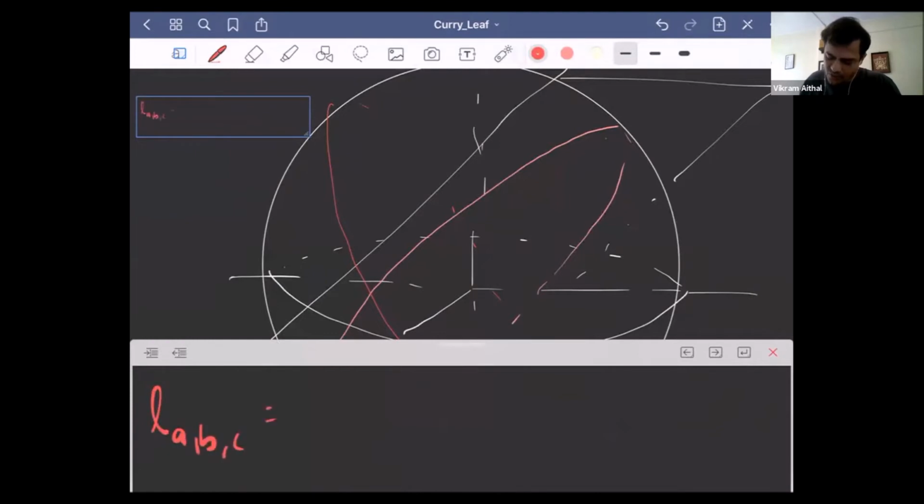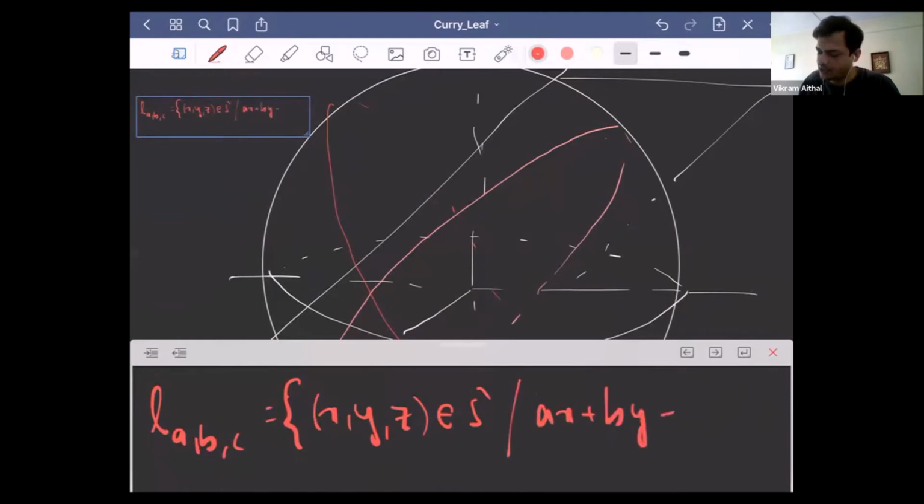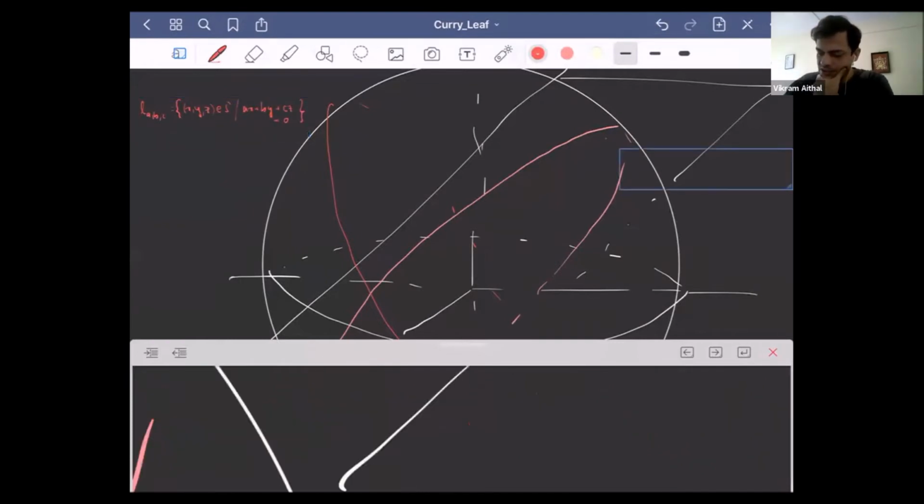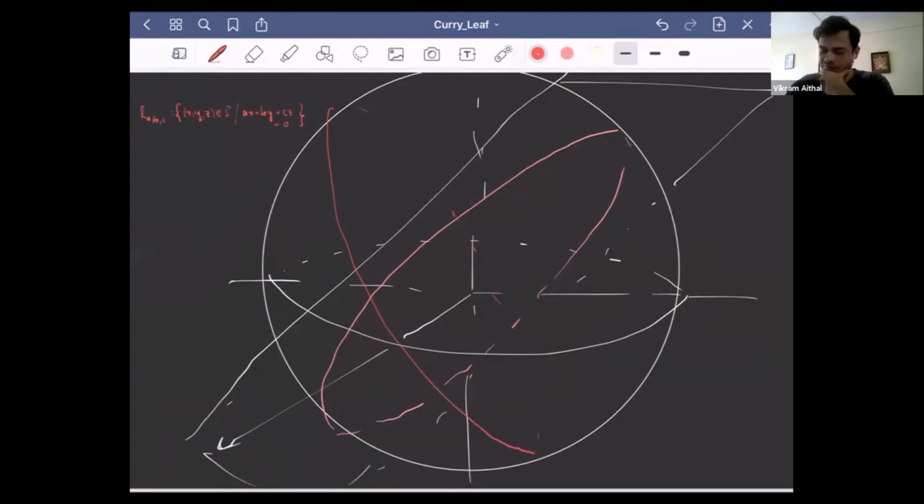This is just the set of all (x, y, z) in S2 such that Ax plus By plus Cz equals 0. Now again, you see, does this satisfy the first property? Does this satisfy the property that given any 2 points, there is a line passing through them?